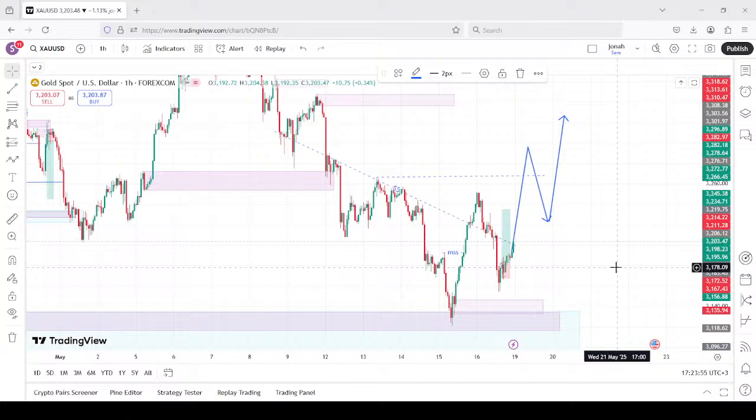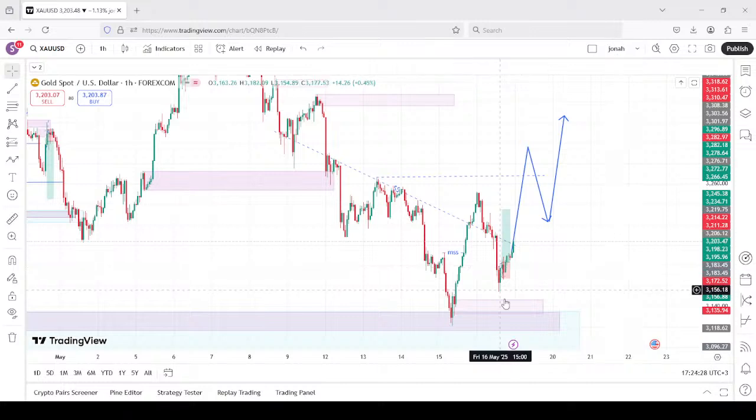Or maybe the other point that I might take a gold buy from, I'm expecting that price might also want to liquidate this previous week's low, this Friday's low that we are having here. Price might want to liquidate it, tapping our order block that we have right here, and then clear. If I get a clear confirmation from this point, I might take further buys from this order block that you have right here.